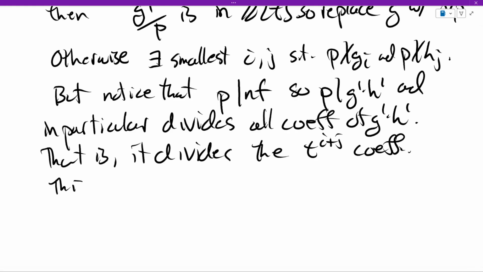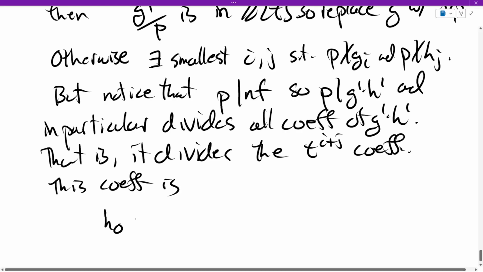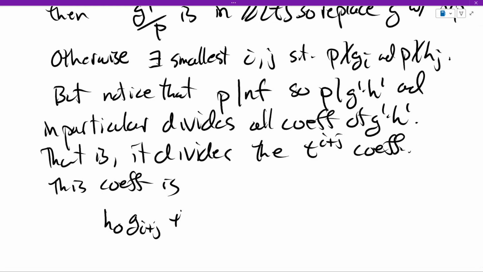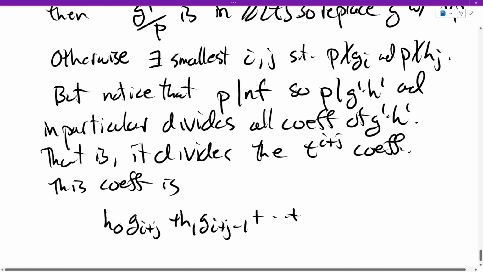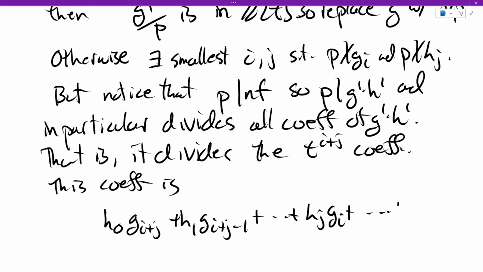This coefficient is H0 G(i+j). Remember, it's the sum of all products of coefficients where the indices add up to i plus j. So H1 G(i+j-1), and then we're going to hit Hj Gi, and then we're going to go all the way down to this guy.